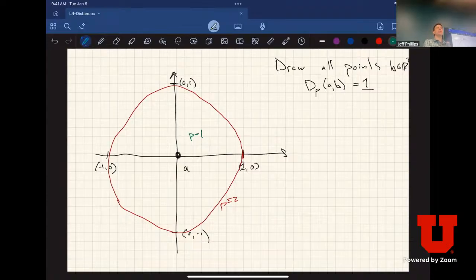L1, remember, I'm summing up the difference in coordinates. I've drawn some special points. Pick probably one of them. 1, 0. Good. This point satisfies that the L1 distance from A is exactly 1. How about this point? Does this one satisfy too? And I'm guessing some points in between here also satisfy it.